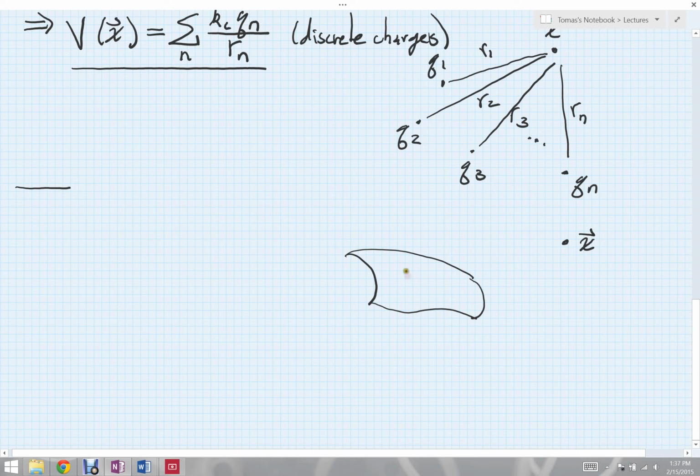I'm going to divide my surface up into a series of little area patches, where each patch has a little charge on it, dq sub n. So I'll have a large number of these patches, and I will be saying that the potential at location x is going to be the sum over n.